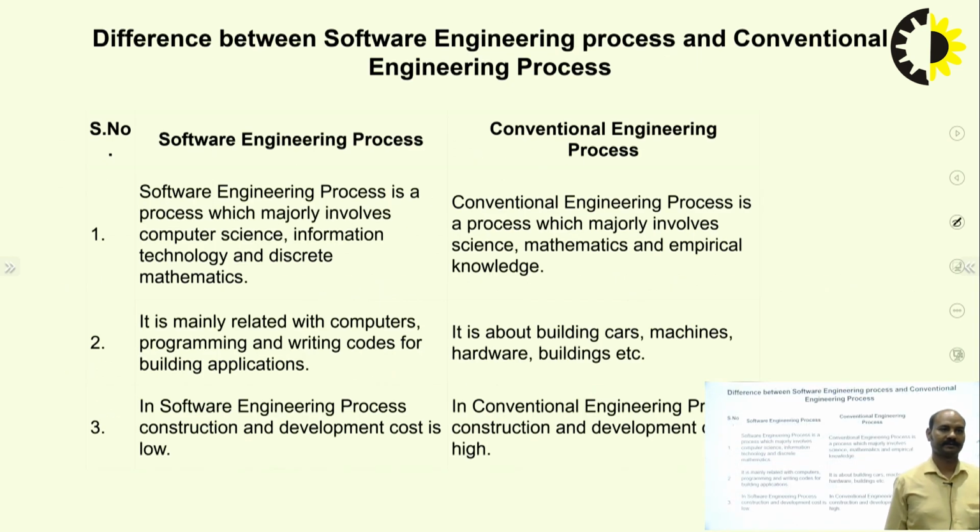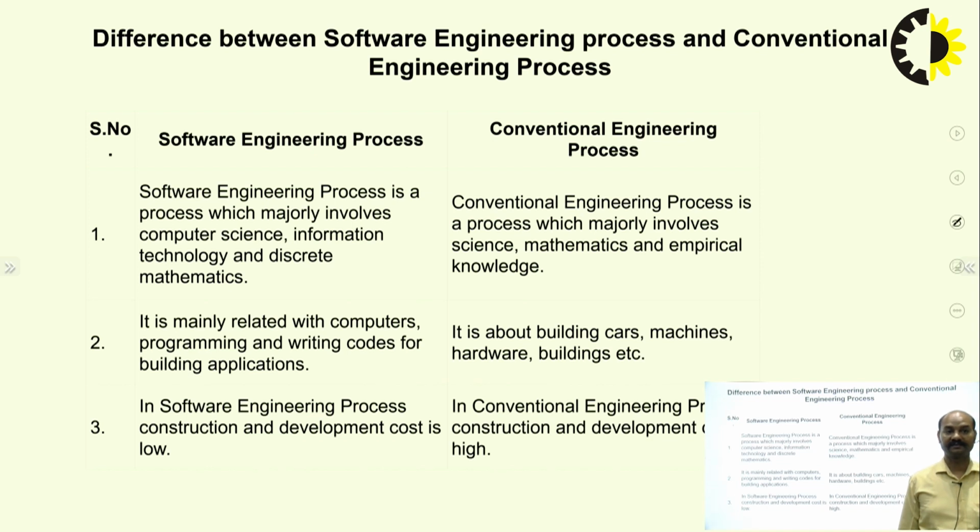And the next topic is the software engineering process and the conventional engineering process. What is the difference between the conventional process and the software engineering process? The software engineering process is a process which majorly involves computer science, information technology and discrete mathematics.